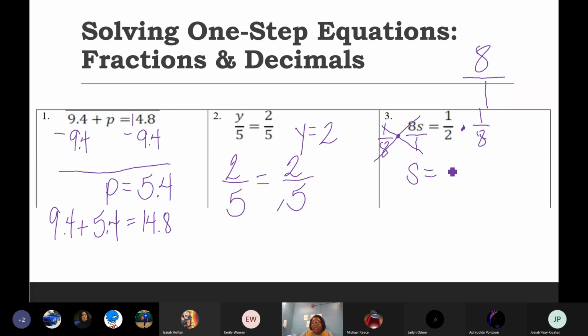Remember, we're multiplying fractions, we just go straight across. 1, and what is 2 times 8? 16. 1/16 is what S is. Okay?